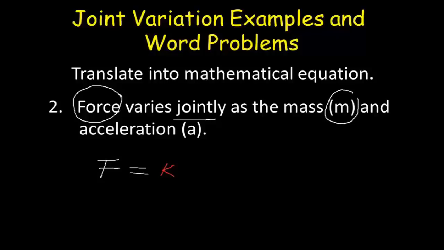We have M, so this will be K times M, and acceleration, that is letter A, so K times M times A. So our mathematical equation now is F is equal to K times M times A.